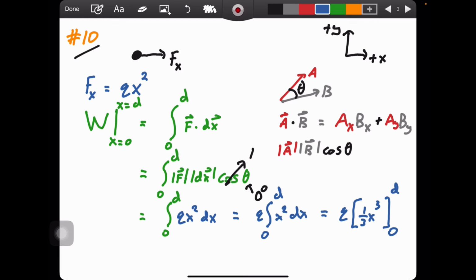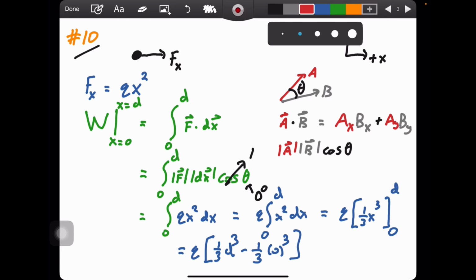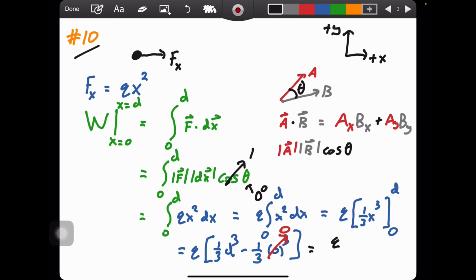And so just to carry this out, this is going to be q times the quantity 1/3 d cubed minus 1/3 0 cubed. You can imagine 0 cubed makes that term vanish. And so this equals q over 3 d cubed.